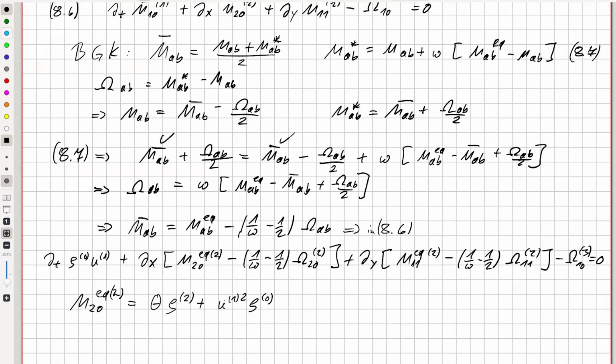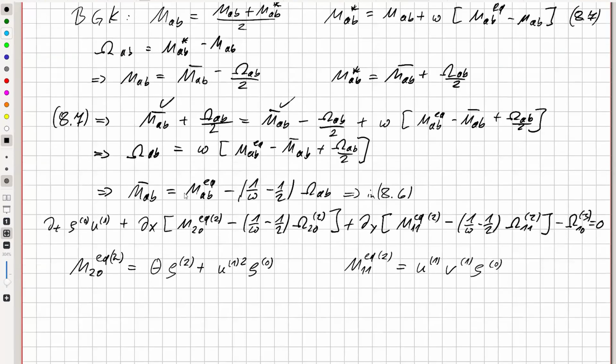So this is the equilibrium of this M20 moment, and we have M11 equilibrium to the second order is U1, V1, and rho to the 0 order. Now we put these into the equation again and call this 8.8.